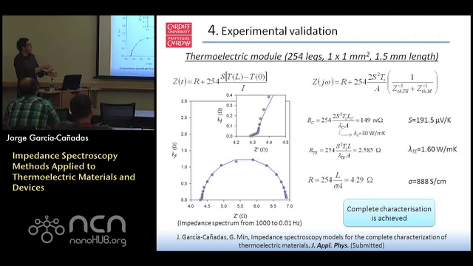And also, if you reduce the area, you will probably go from a few milliohms into 6-7 milliohms, so you are able to measure it. So you need to play a little bit with the geometry of the sample to try to get a good thermoelectric response.